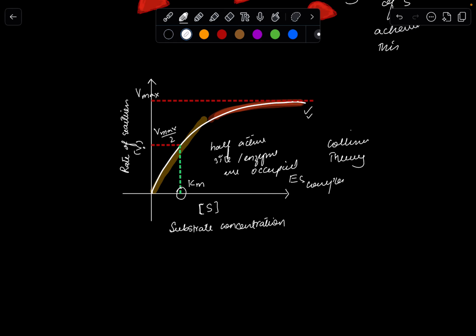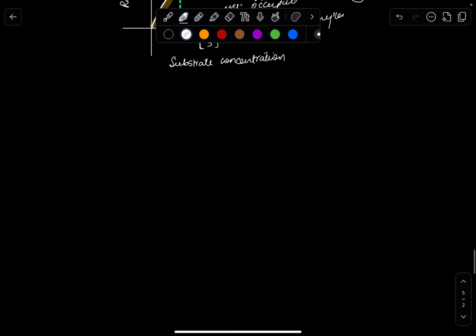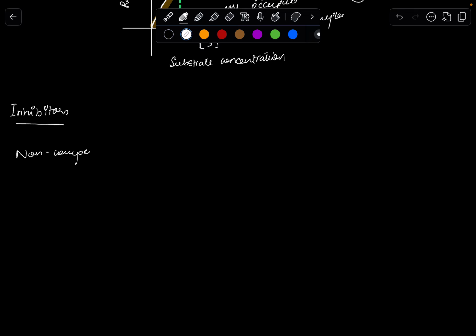And so now we introduce other nuances, like what happens if I add certain inhibitors. Now, there's a few kinds of inhibitors that you need to be aware of. Non-competitive, competitive, and uncompetitive.